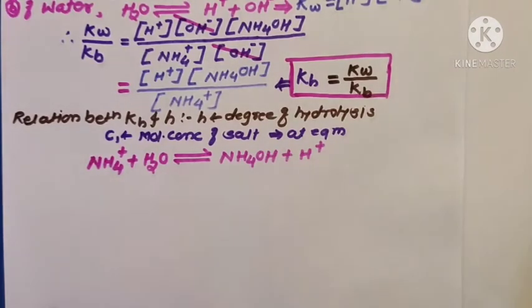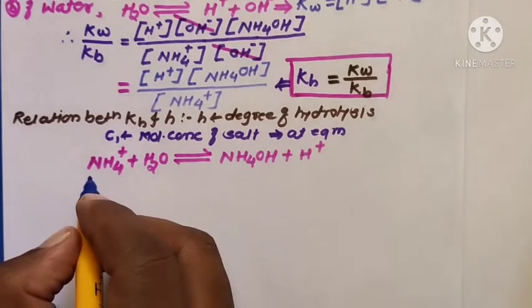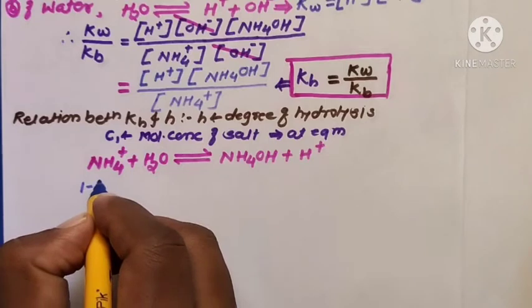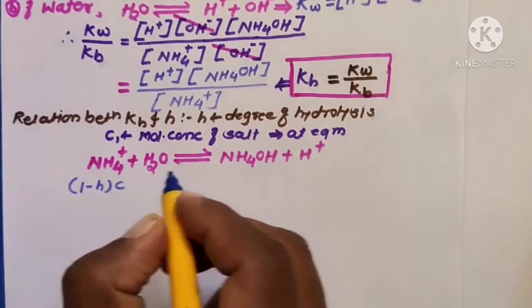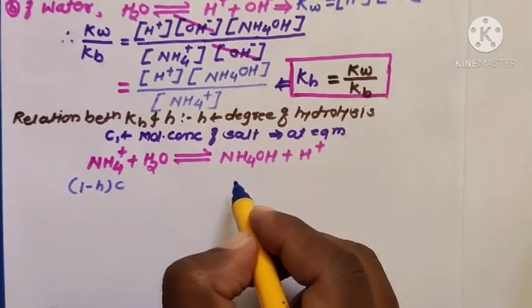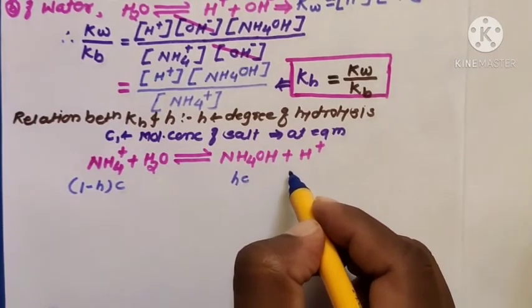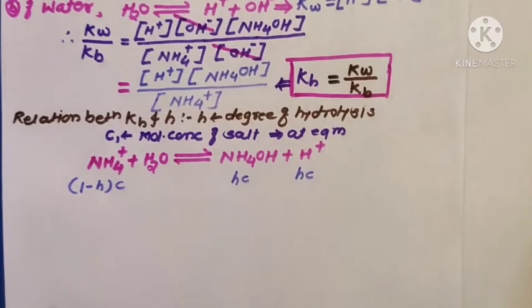Now here, for the NH4 plus ions it is (1 minus h) into C, and NH4OH is hC. For the H plus ion concentration, that is again hC.